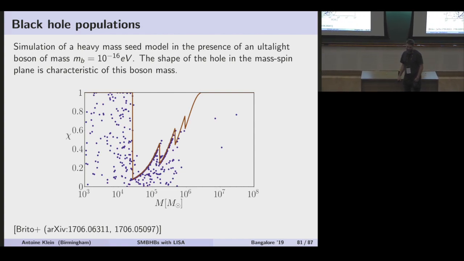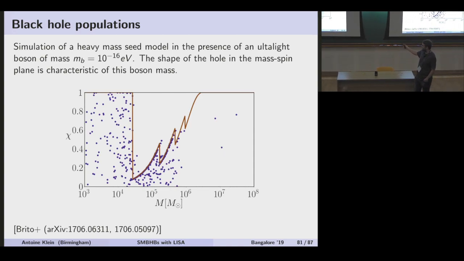Yeah, you can have multiple ones. And then you will have, what do you mean? The height of this? It's more or less a fixed thing, for a given boson mass. So do you have current observational data which gives spin in this range for this mass?